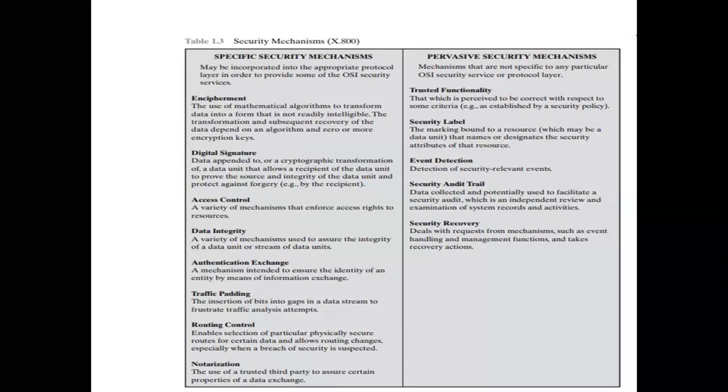What type of attacks you get while communicating data, what services we can provide with security, and what type of mechanisms. Generally we use two types of mechanisms: specific security mechanisms, and pervasive security mechanisms, related to the network layer and not related to the network layer. These are the concepts we have completed up to now.